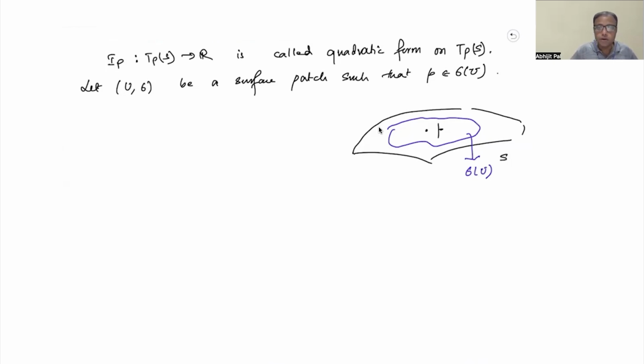Now let us take a tangent vector W at the point P. Suppose this is my tangent vector W. For this W, I'll get a curve inside the surface patch such that the velocity vector of that curve at the point P is equal to W.